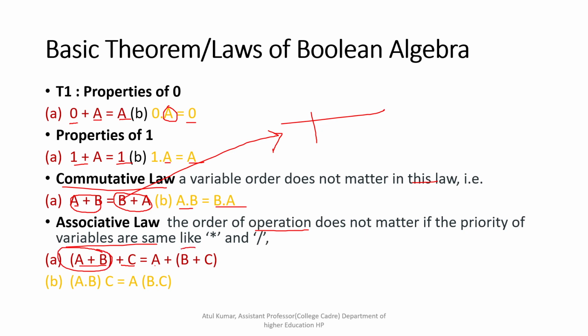The role of the brackets, or the order of the brackets, doesn't matter. Similarly, we have (a dot b) dot c is equal to a dot (b dot c). So this is the associative law, in which the order of operation doesn't matter.